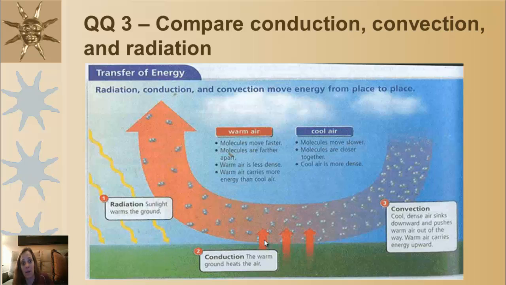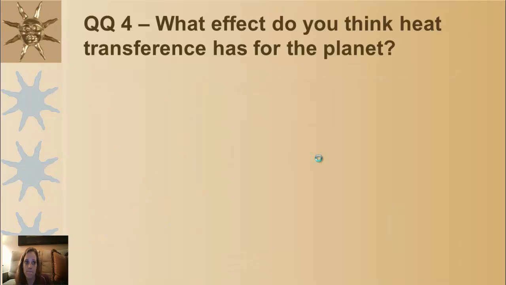Then via conduction, it heats the layer of air directly above the surface of the ground, and that heat then heats the layer above it, and it creates the convection cycle that we talked about earlier.